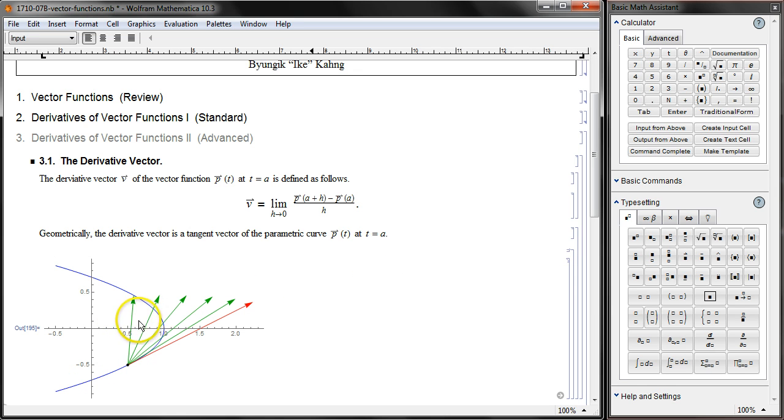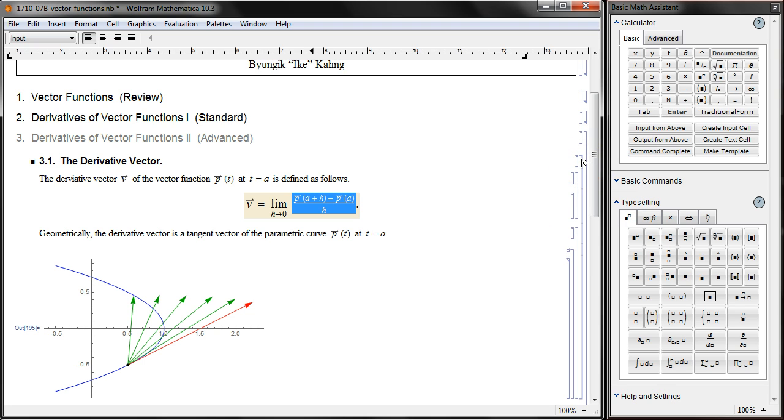We have a bunch of secant vectors converging into the tangent vector upon taking the limit. So this Newton quotient gives you all these secant vectors. Upon taking the limit, we get the derivative vector.